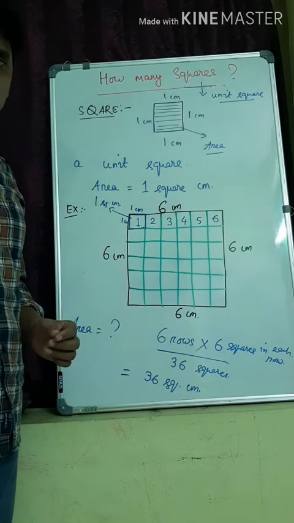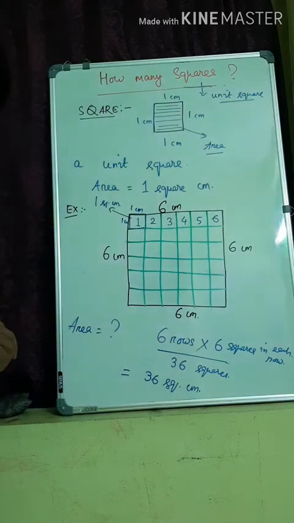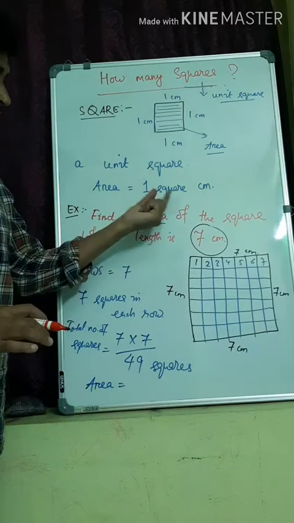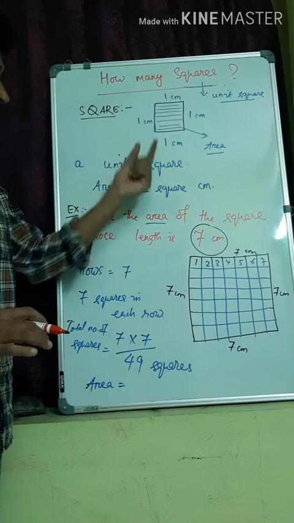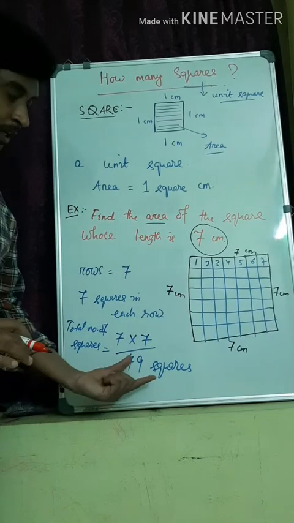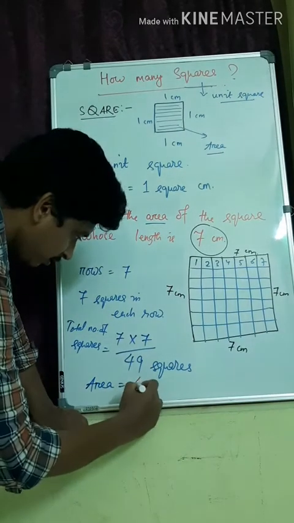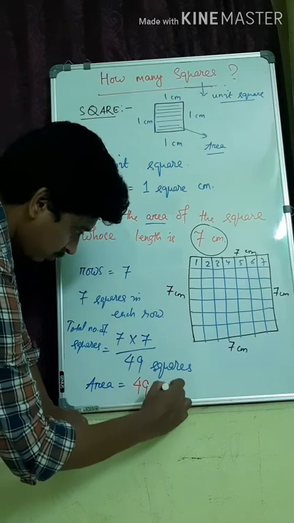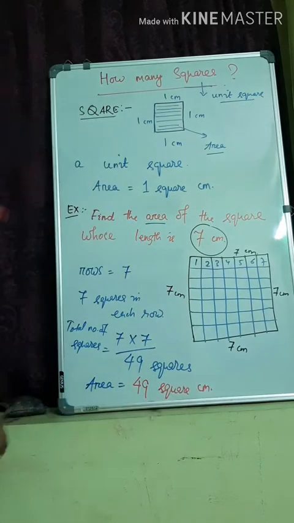Okay, I hope you understood. Let's take another example, children. The area of one small square is 1 square centimeter. The area of 49 small squares is 49 square centimeter.